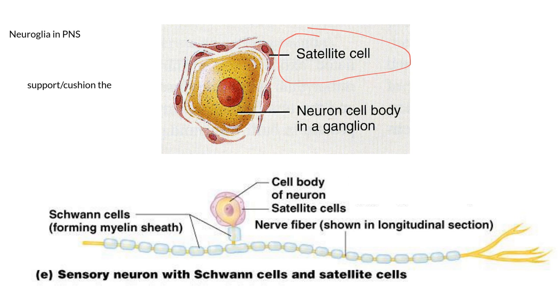They also help cushion the nerve cell. They can help provide it with nourishment. But that's what these satellite cells are doing. You can see them surrounding this neuron cell body, helping protect it, support it, cushion it. Because again, remember, we are now in the peripheral nervous system. We don't have the spinal column. We don't have the skull surrounding everything and protecting everything.